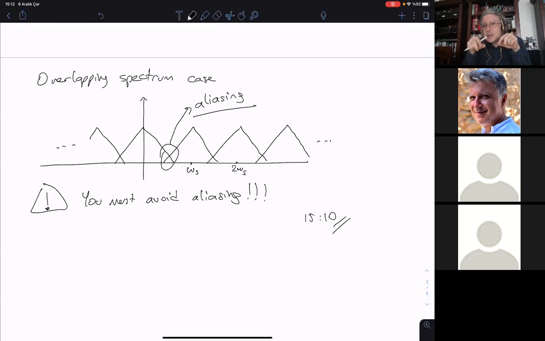But that isolation procedure will not be the ideal low-pass filtering with a cutoff frequency of omega s over 2. That will be something else. The reconstruction, digital to analog conversion filter will also be a band-limited band-pass filter in that case.